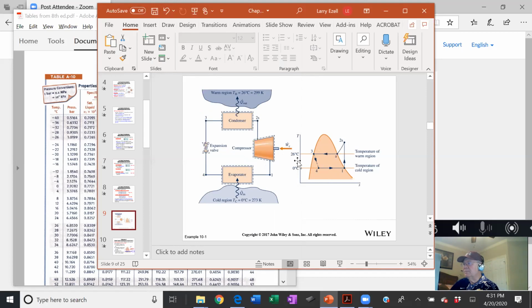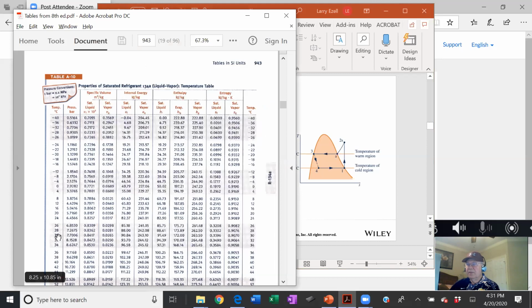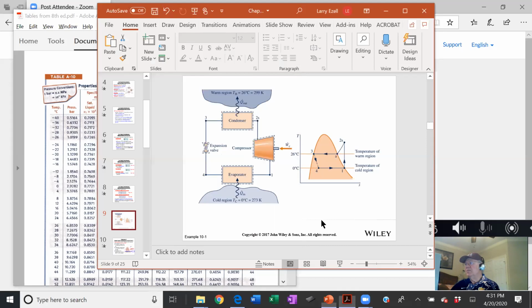Let's look at 95 degrees F outside: 95 minus 32, divided by 1.8, that's 35 degrees C. Now let's look back at our table. 35 degrees C, you're talking about 9 bar. So in Mississippi, you would have to go higher than 3 bar. In fact, that 0 degrees C is a little bit too low. This is like a refrigerator.